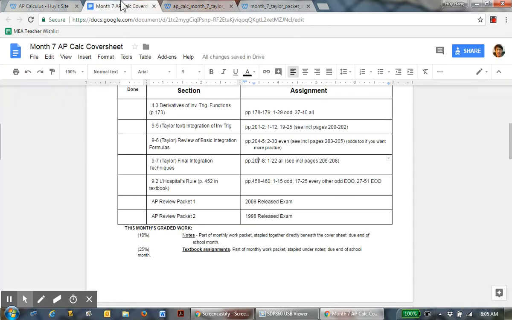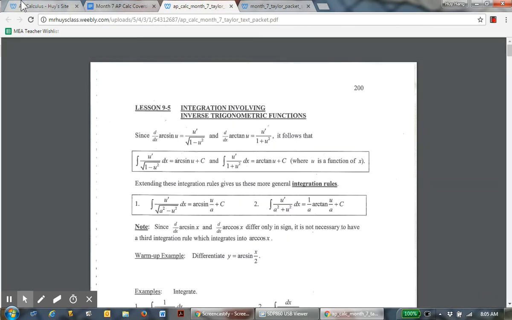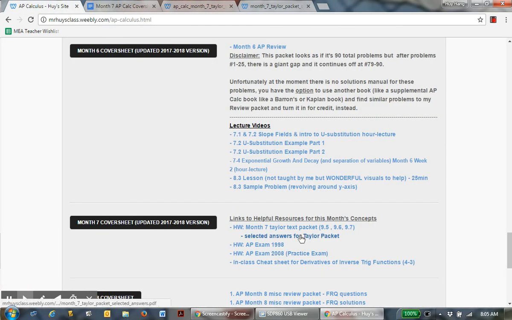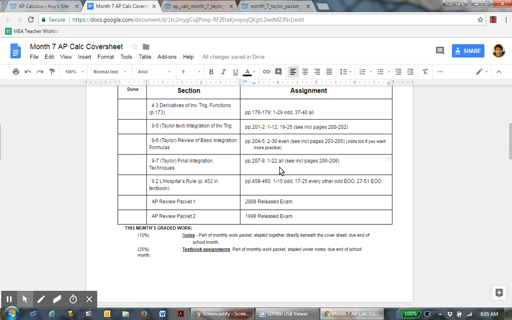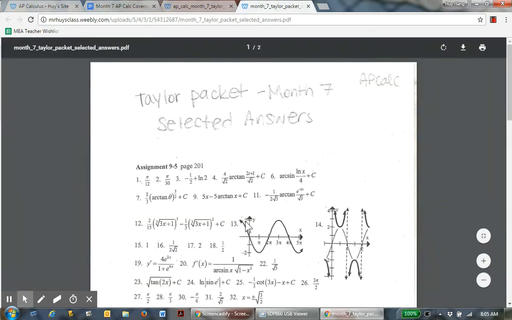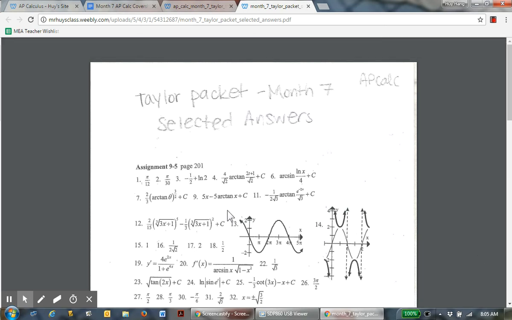And luckily this time, if you go back on my website, there's an answer key where you can check your answers. Not for all the questions. So whatever's on the cover sheet, whatever I assign you guys, if some questions don't have answers, you could skip them and in place of any question that you skip, do a problem that does have an answer, okay?